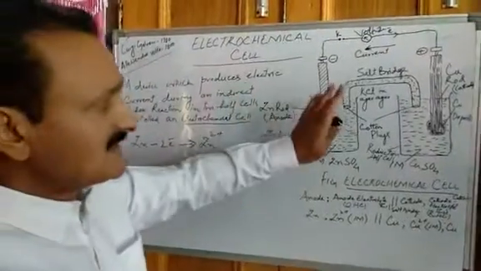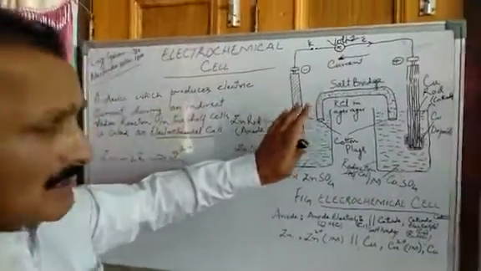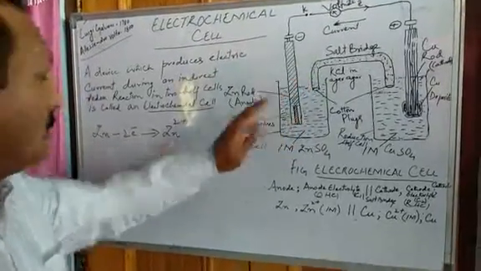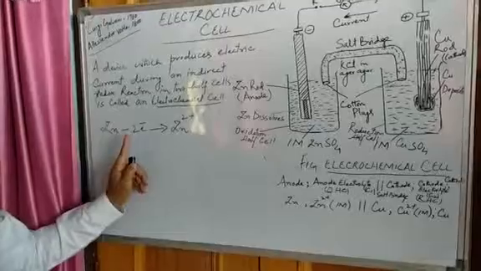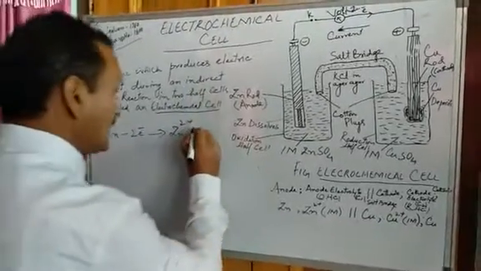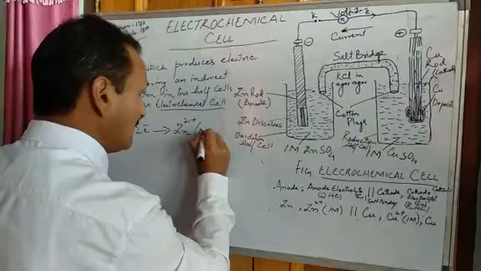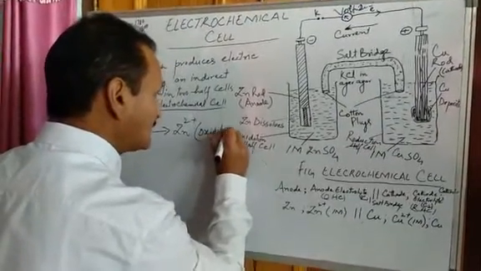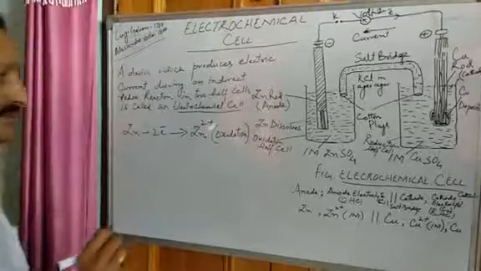So what happens in this half cell? In this half cell, oxidation takes place. Your zinc loses electrons and forms zinc positive ions. That is why this half cell is known as the oxidation half cell.